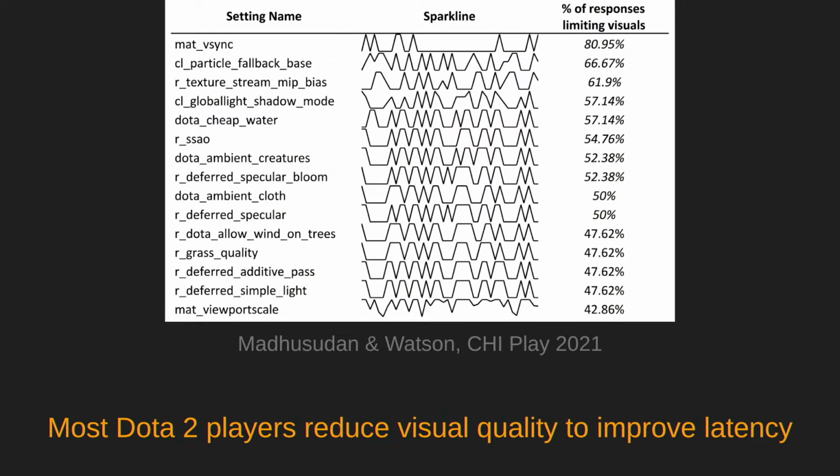And then some work I did with one of my own students, who's actually going to present later at SIGGRAPH on Thursday. We found that, at least in Dota 2, many players reduce visual quality to improve latency, most, in fact. And in particular, let me turn on my highlight here.